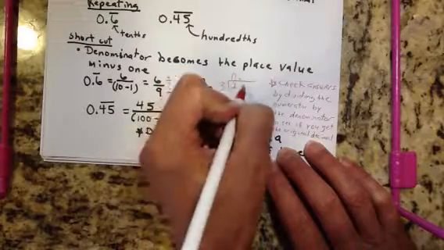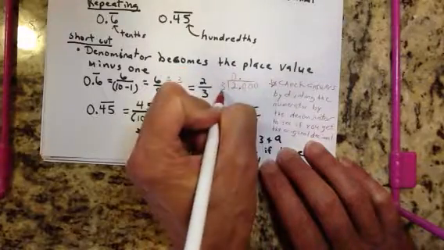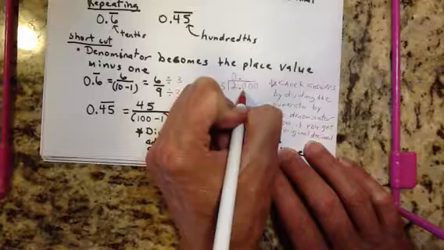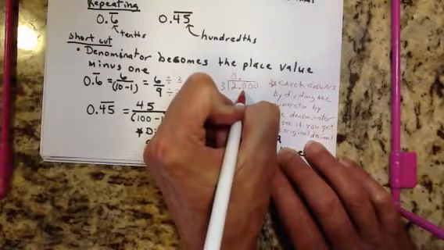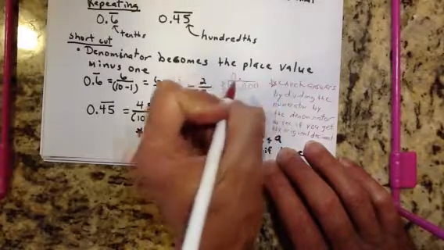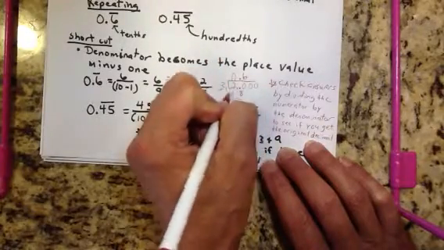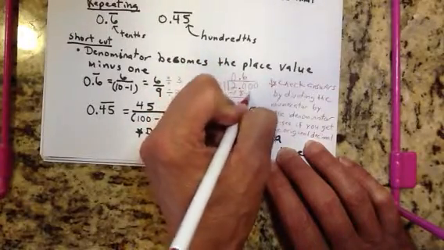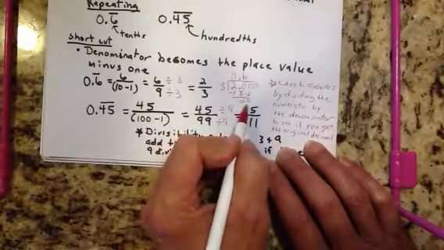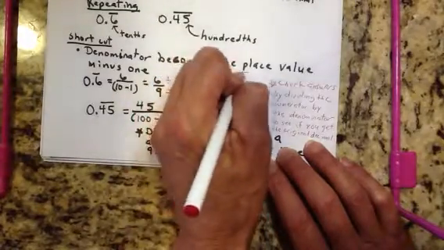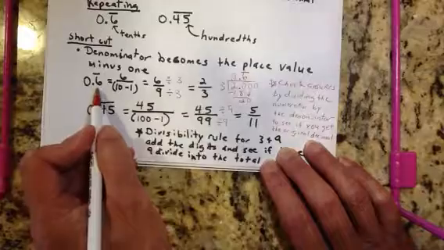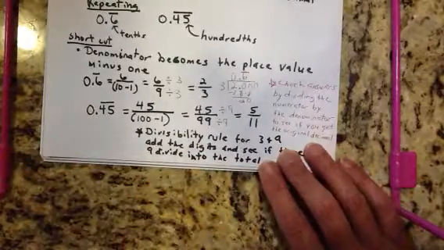No, so put a 0. Put in your added zeros. Can 3 go into 20? Yeah, 3 can go into 20. How many times? It can go in 6 times. 6 times 3 is 18. I get a 2 remainder, bring down my 0, and you can already see this is going to repeat like the answer you started with. So that's how you check your answer.